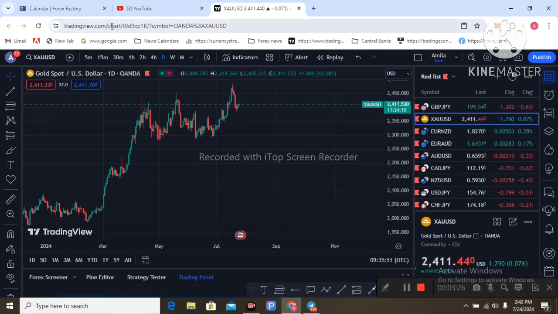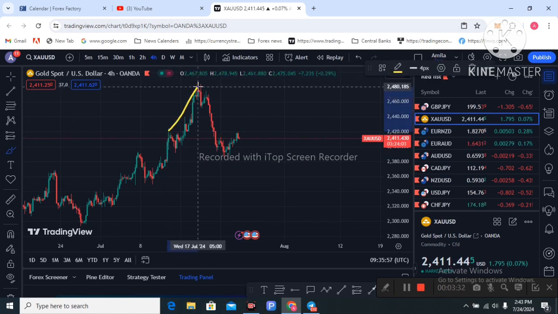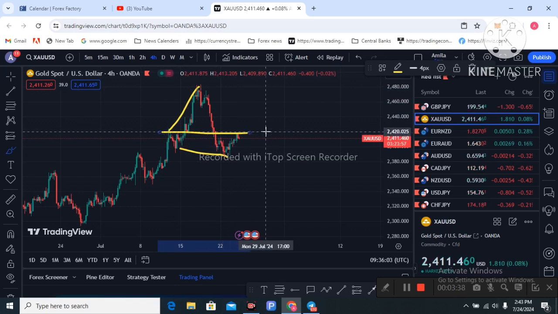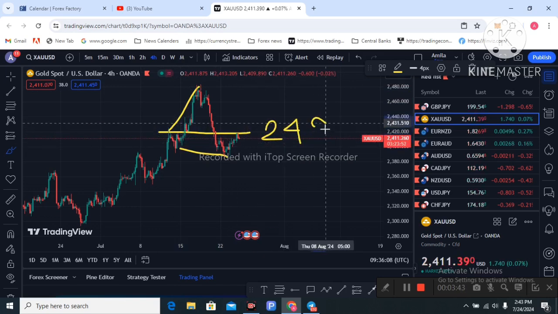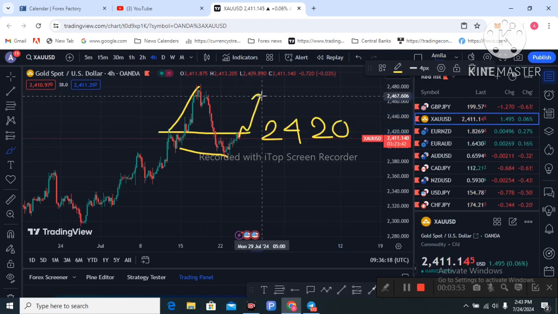That's my opinion. So I'm going to the 4-hour chart for another clear picture. I'm seeing this pattern. This is the high, and this is the lower low created. This is the Quasimodo pattern. This is the 2420 level, which I think is the key level at this moment. If price breaks this level, it will continue to the upside to 2450.